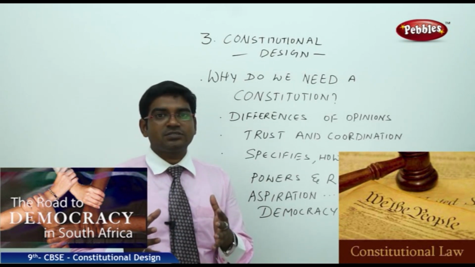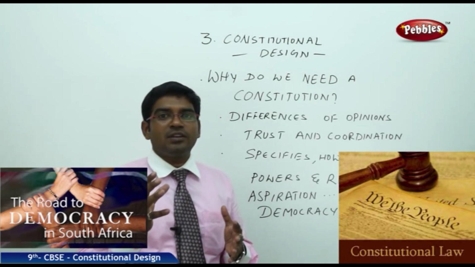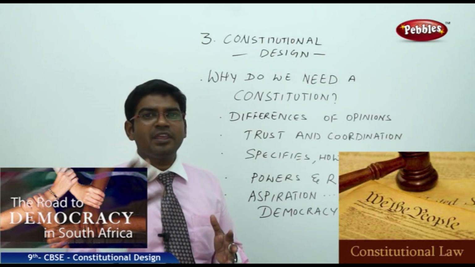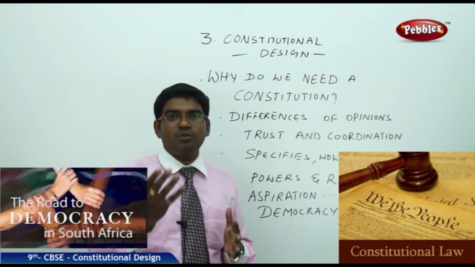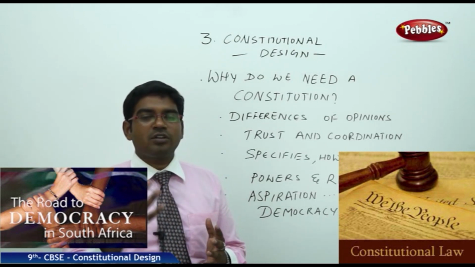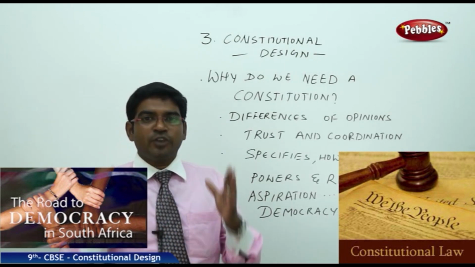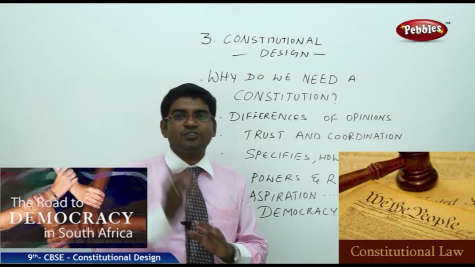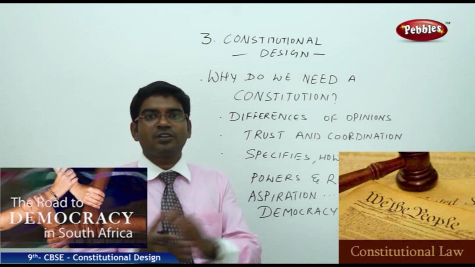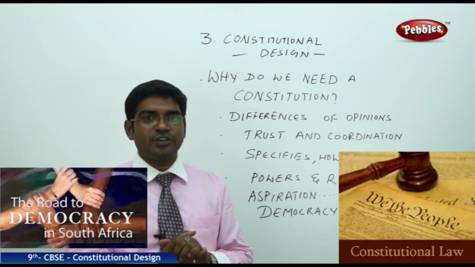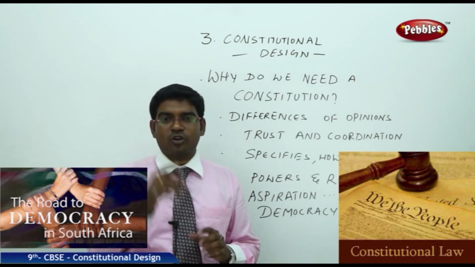These aspirations are to fulfill the dream of many democratic countries, the dream of a good society, what we all are dreaming of. So a constitution is a book which contains all the rules and regulations to be followed in that particular land or country when it is following democracy.